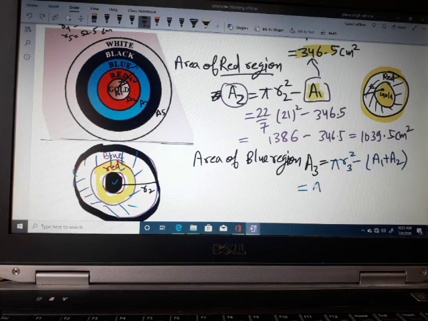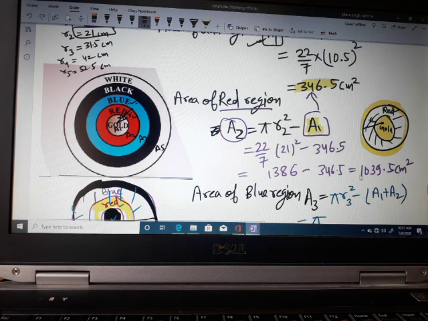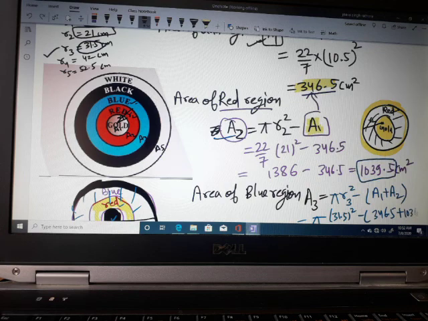What is the radius R3? We already calculated it at the beginning. R3 is the radius of the circle, 31.5 centimeter. So it is 31.5 centimeter square minus A1 plus A2. What is A1? 346.5. What is A2? We calculated A2, that was 1039.5.